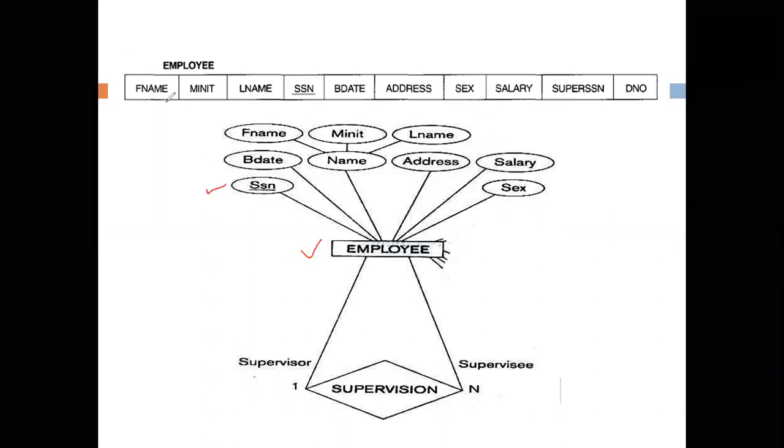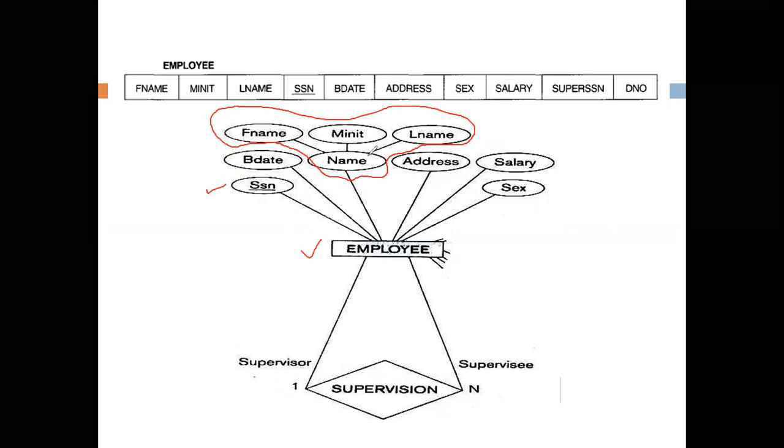If you observe here, the name attribute includes these three things: first name, middle, and last. A name can be divided into three parts. Such an attribute is called a composite attribute, an attribute composed of several atomic parts. This is an example of a composite attribute.